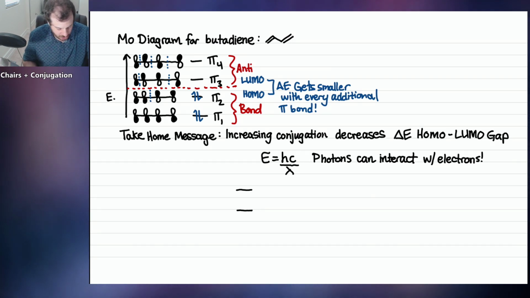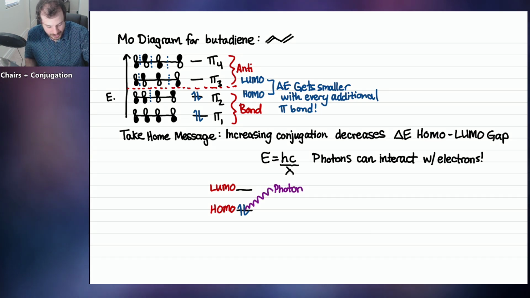So let's say this is our HOMO and this is our LUMO. And in our HOMO we have 2 electrons inside and the LUMO is empty. A photon comes along, so this will be our photon of light, and hits the electron in the HOMO. So this is a photon. And what can happen is an excitation where it promotes one of the HOMO electrons into the LUMO orbital.